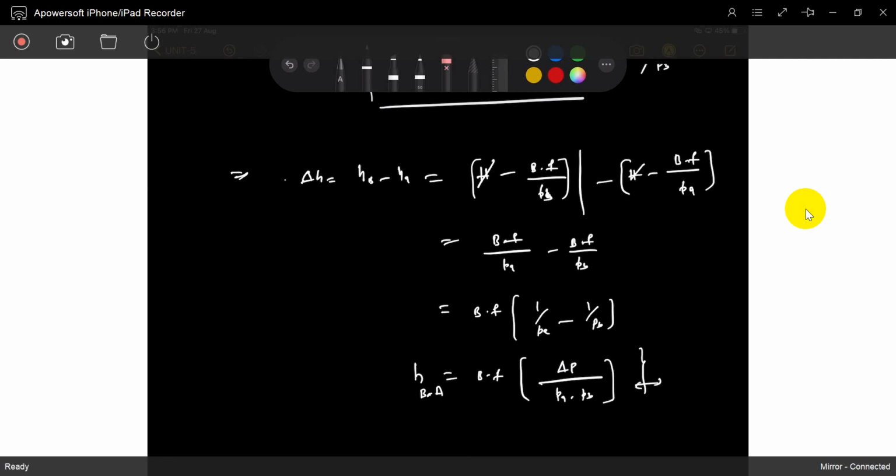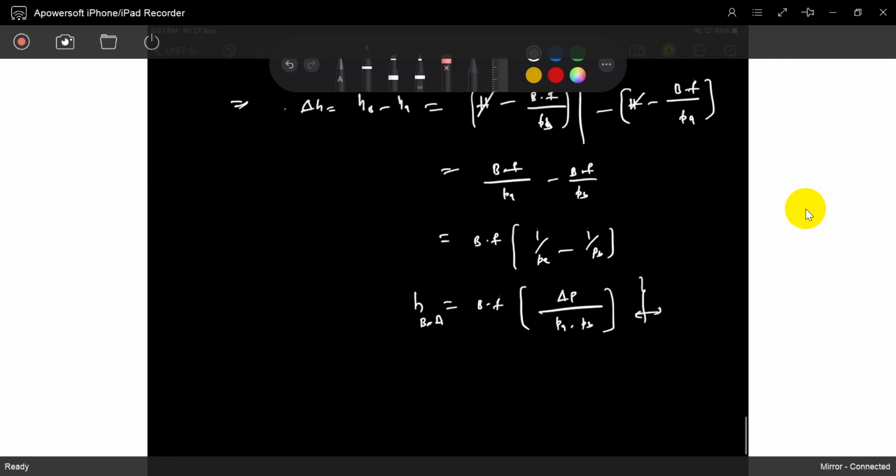Like this, you can get any more formulas also. Not only one, you can develop so many formulas like this. In terms of another parameter also, in terms of H, capital B, you can write it.